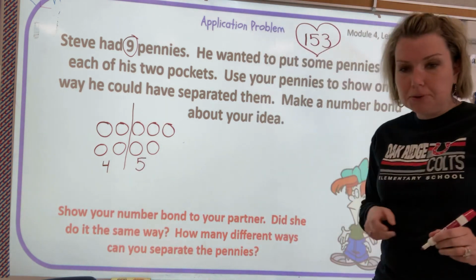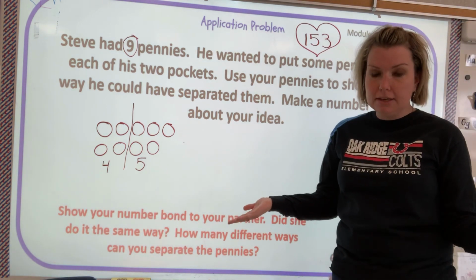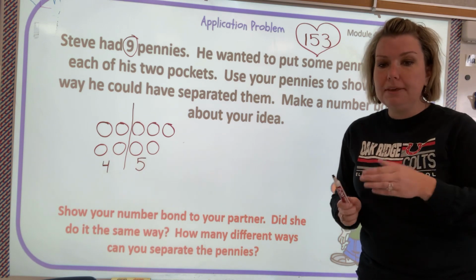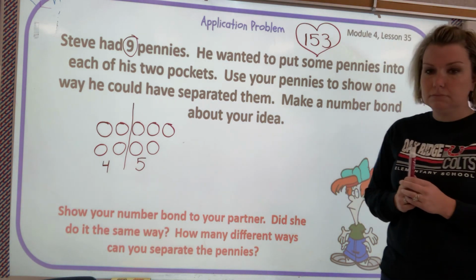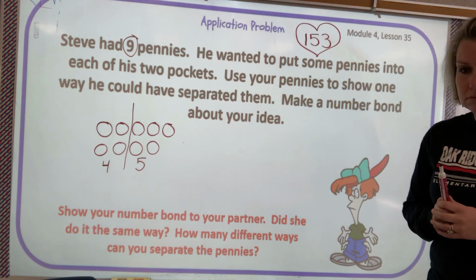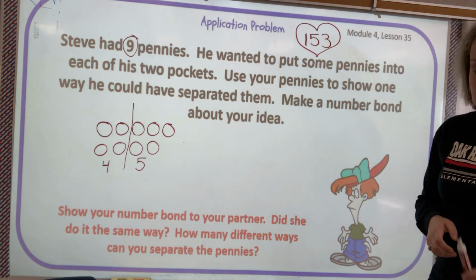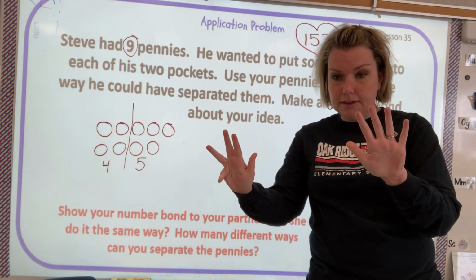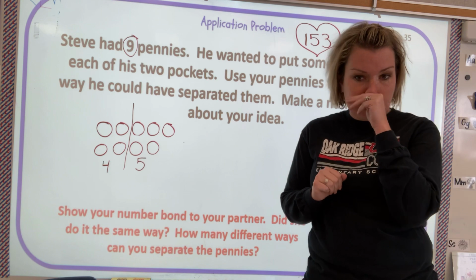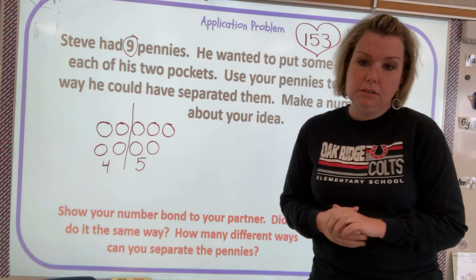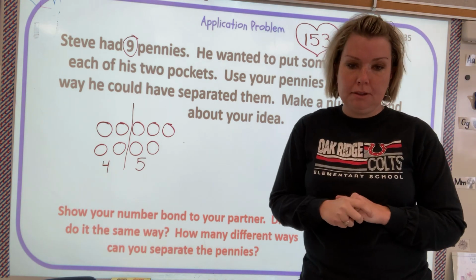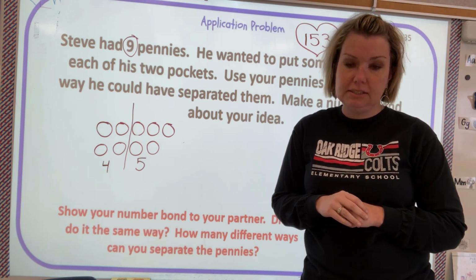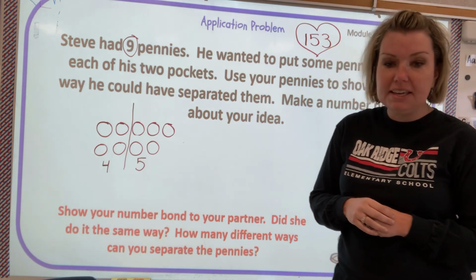Did anybody separate theirs a different way? If so, what did you do? I did 3 and 6. I did 6 and 3. That makes 9 as well. How did you separate yours, Landon? I did 3 and the rest was 6. Yep, 3 and 6.